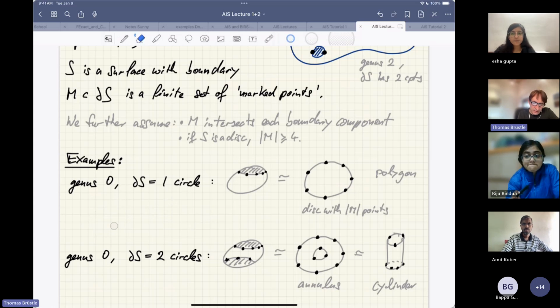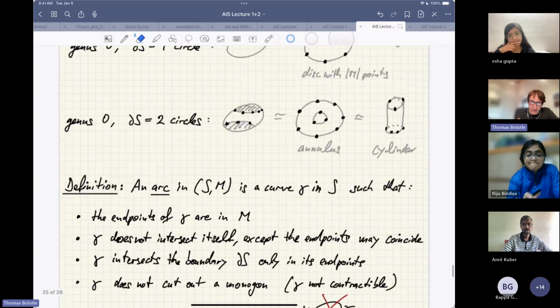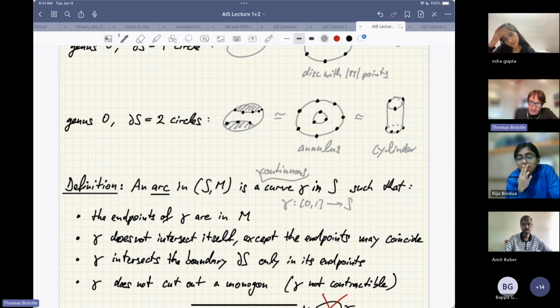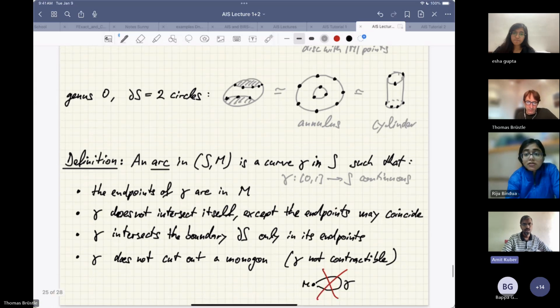So when I say curve, then I should add continuous. A curve is just a map from the interval [0,1] into S, and it should be a continuous map, but I don't ask anything more. Like so, that's okay?